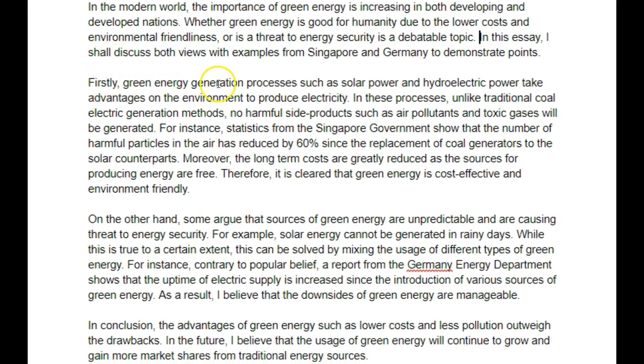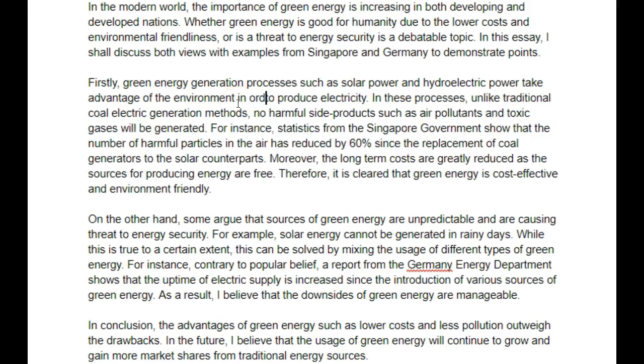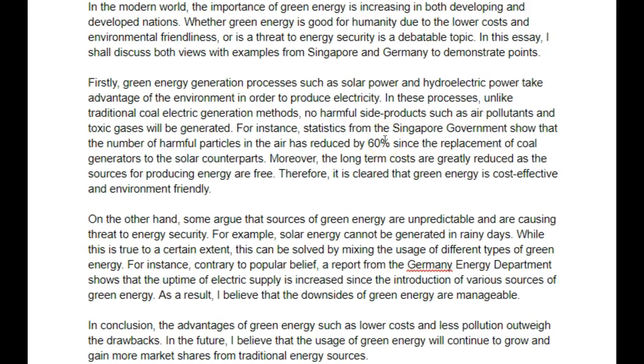So firstly, green energy generation processes such as solar power and hydroelectric power take advantages on the environment. Take advantage? Okay. Take advantage of the environment in order to produce electricity. Good, okay. In these processes, unlike traditional coal... I would say coal-powered.